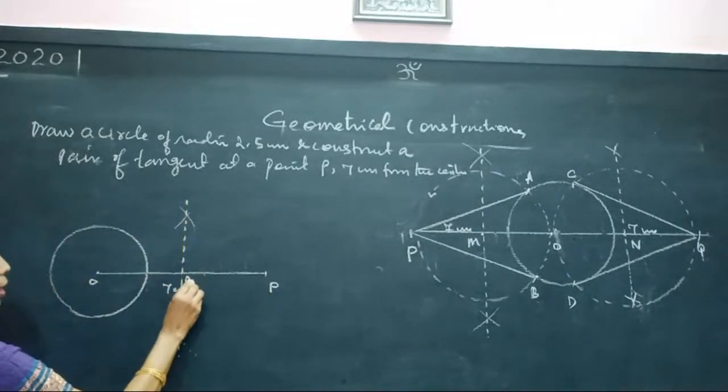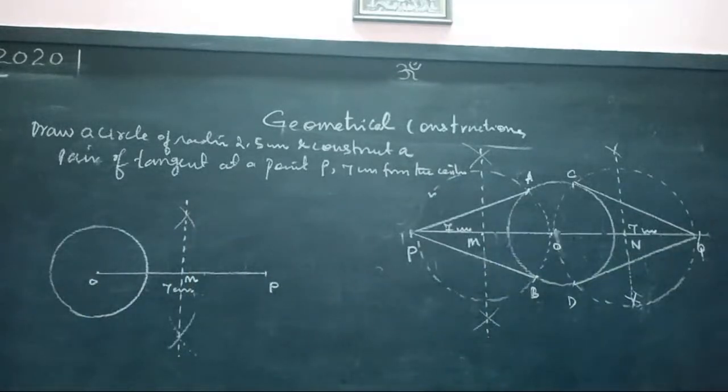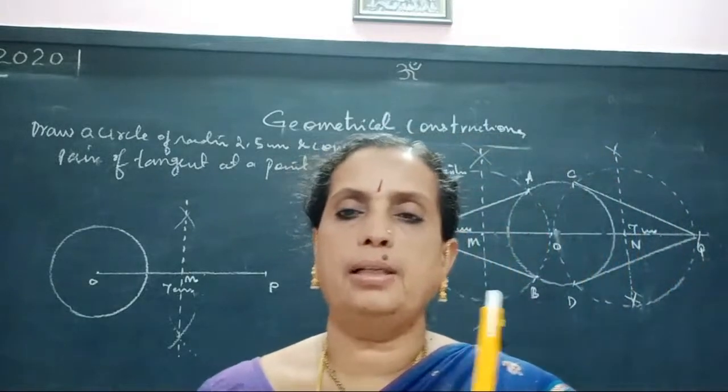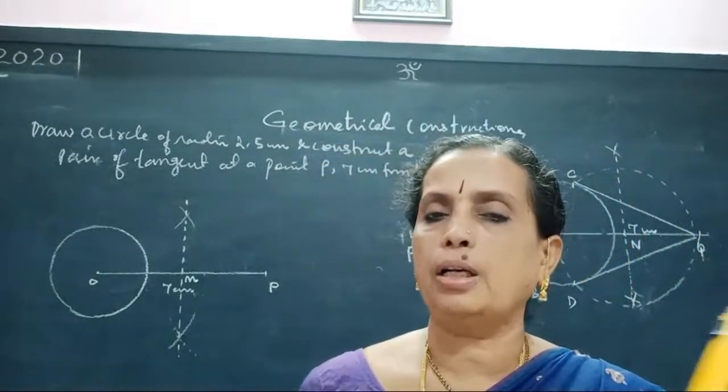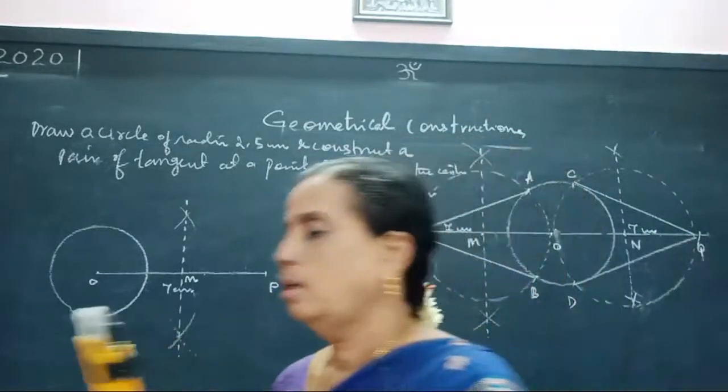You will get the point of intersection as M. So instead of constructing the dotted circle, we can also make an arc to the circle. That is another method. I will show you that here.